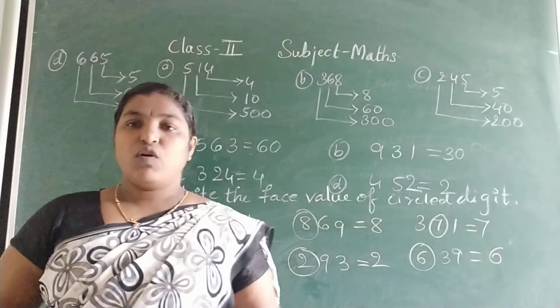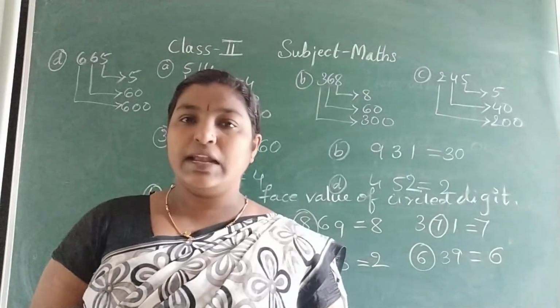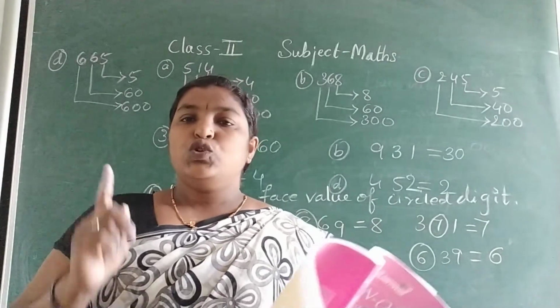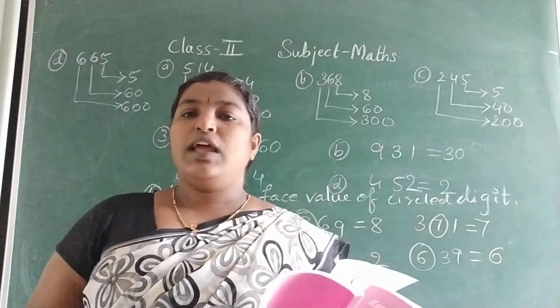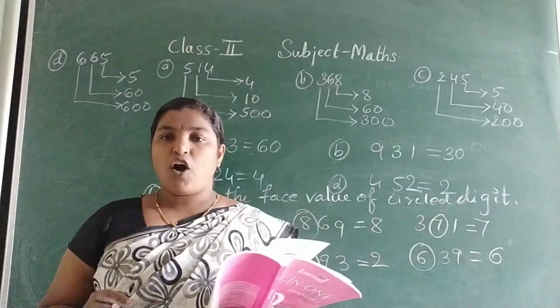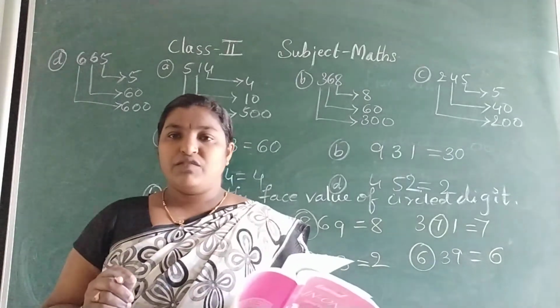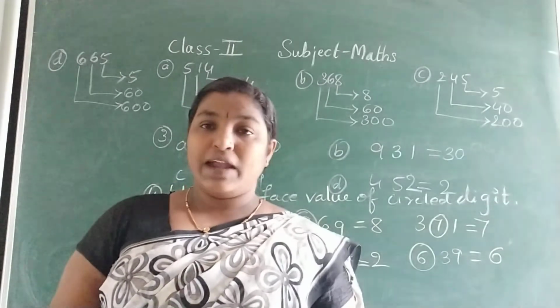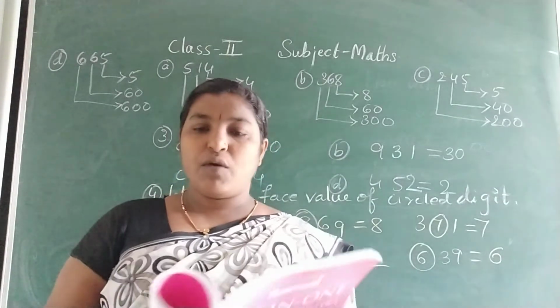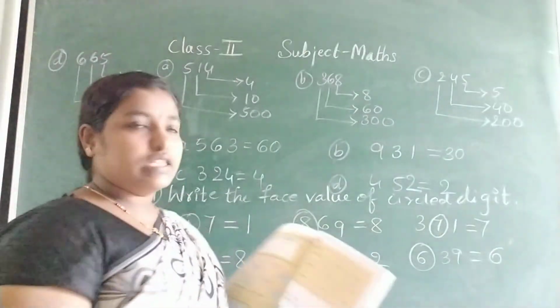Okay, today what we learnt, we have completed quick check page number 188, and you should be perfect with place value, face value, how to form the numbers, 2-digit numbers, then expanded form. So in the next class I will explain the expanded form. What is the expanded form? Just now I will show you what is the expanded form.